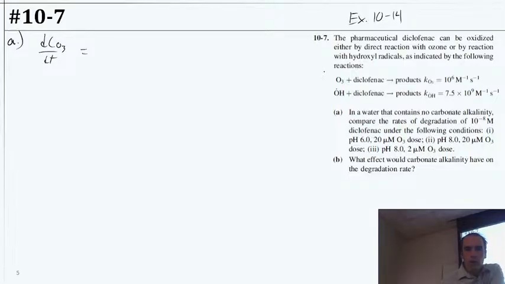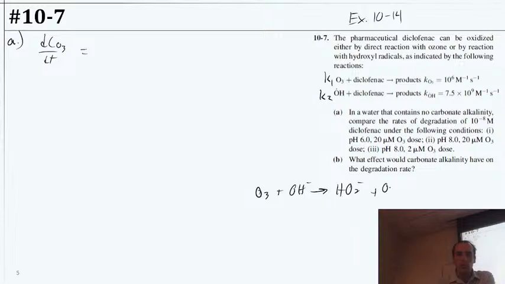If we call this K1, this K2, we might also need a couple other equations we've taken a look at before: ozone plus OH minus giving us HO2 minus and O2. That would be K3, and K4 would be ozone plus this HO2 minus, giving us hydroxyl radicals.